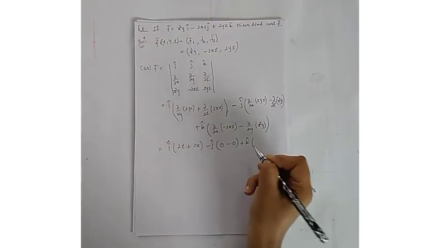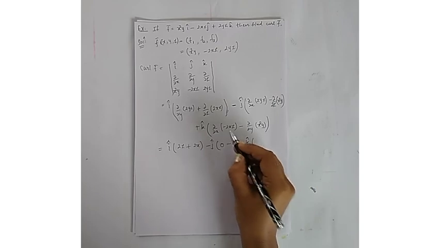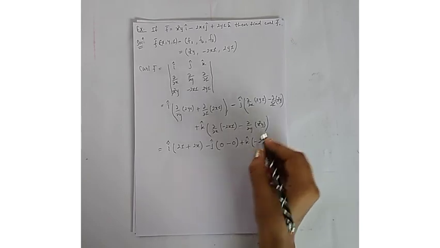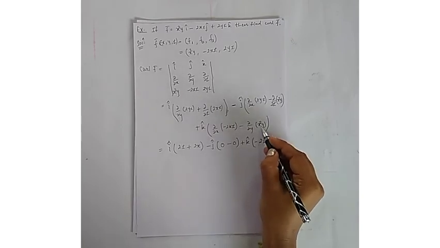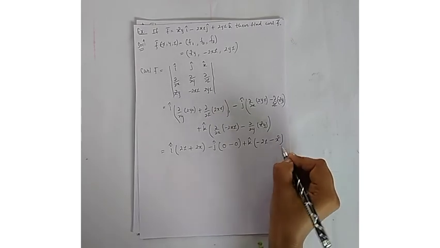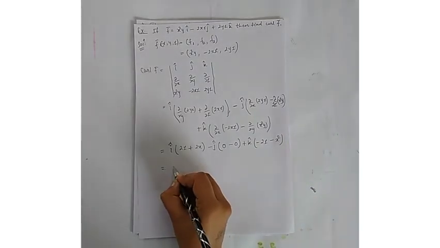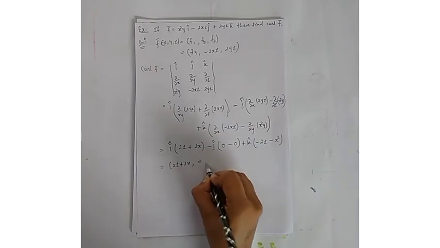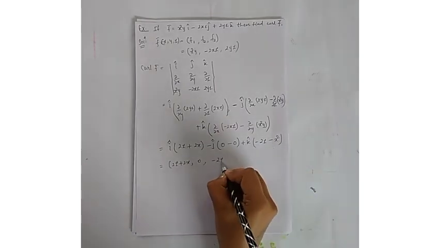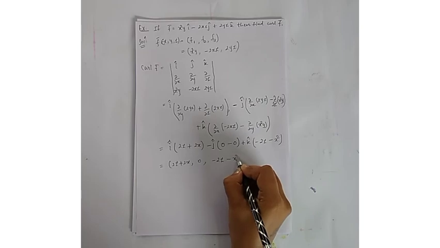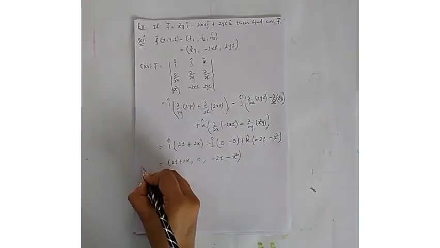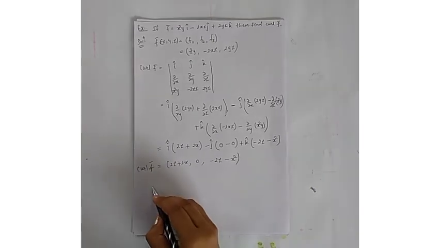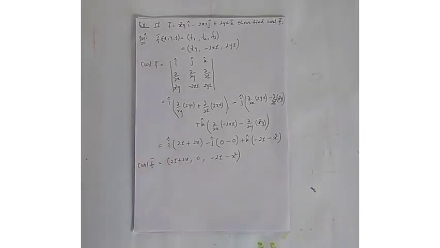Plus k, here taking the partial derivative with respect to x will give −2z, and minus taking the partial derivative with respect to y will give x². So 2z plus 2x, comma, this will become 0, comma, this is −2z minus x². So this is the value of curl of the vector function f̄.